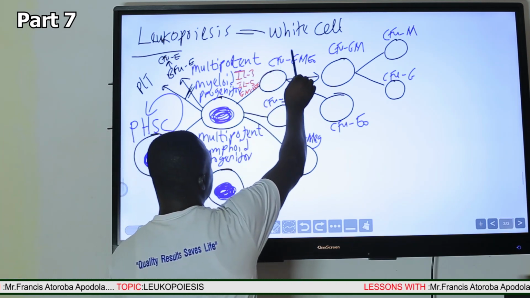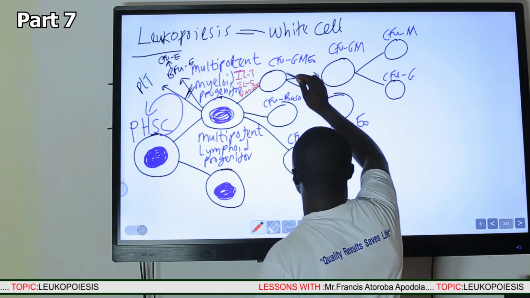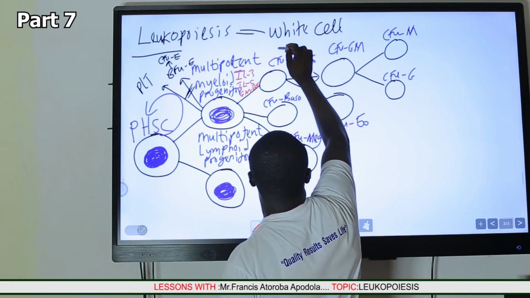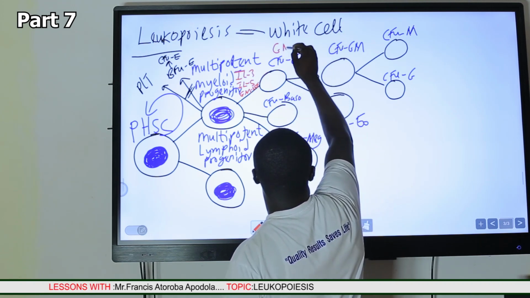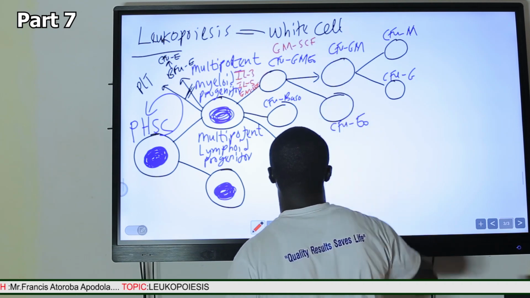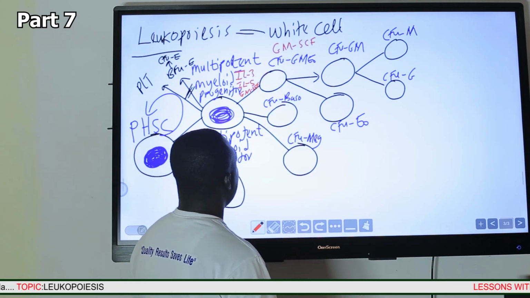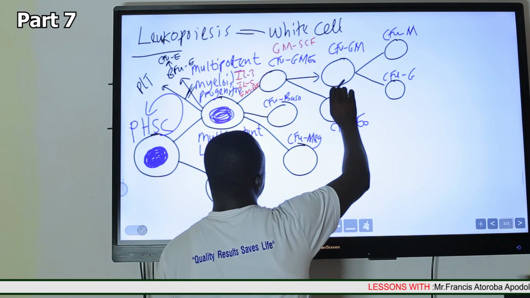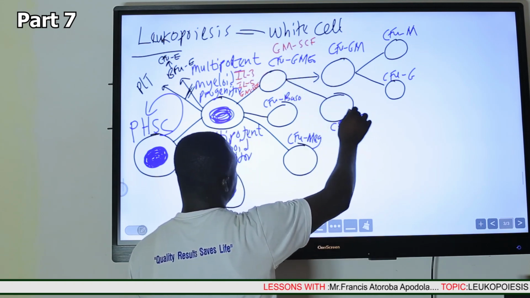So we form the colony forming unit, granulocyte monocyte eosinophil colony forming unit. The granulocyte monocyte stem cell stimulatory factor acts on this colony forming unit, and that will make this stem cell differentiate into the colony forming unit granulocyte monocyte and the colony forming unit eosinophil.